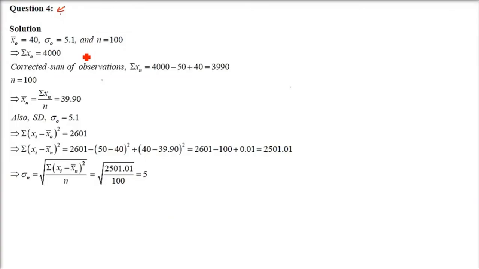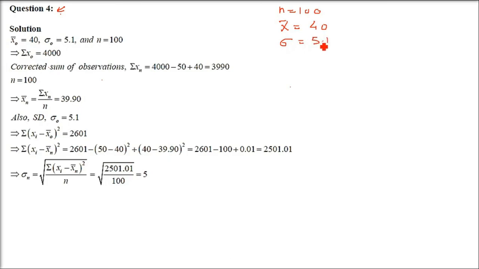Next question is, a student obtained the mean and standard deviation of 100 observations as 40 and 5.1 respectively. A student is there. The observations are 100 observations. Now he found that the mean x bar is 40 and the standard deviation is 5.1. Let us write it as sigma 5.1.